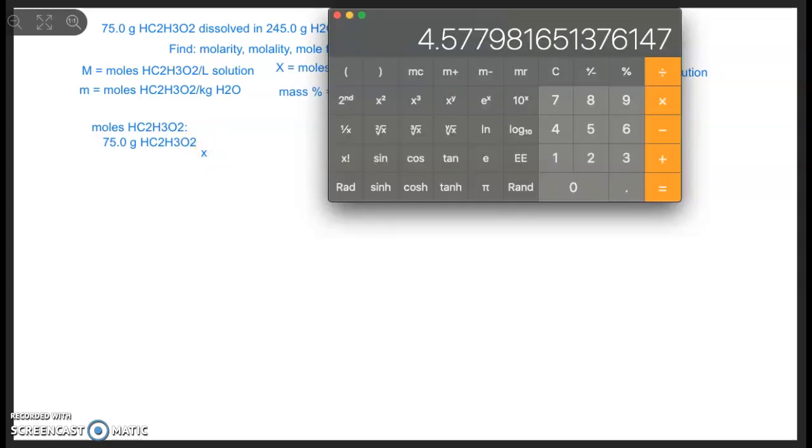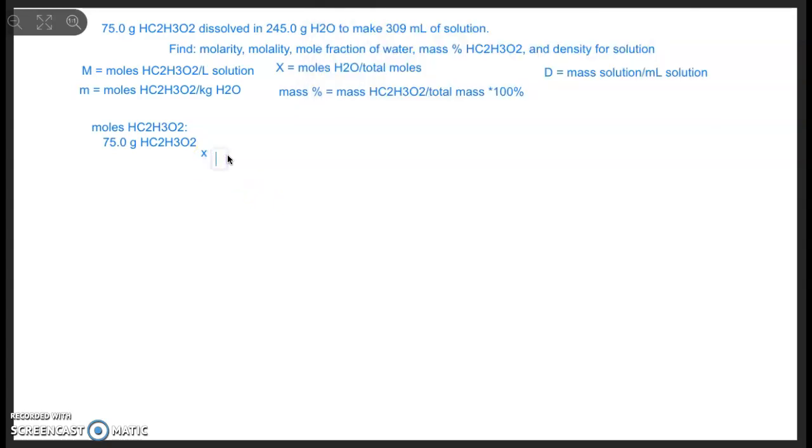Molar mass of acetic acid: 1.01 for hydrogen plus 12.01 times 2 for carbon plus 1.01 times 3 for the other hydrogens plus 2 times 16 for the oxygens, 60.06 grams for every mole.